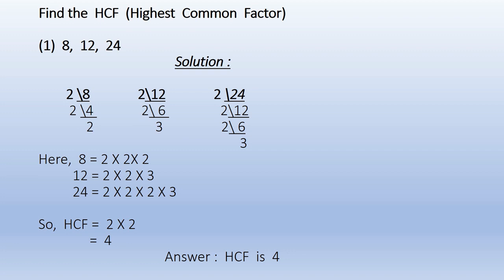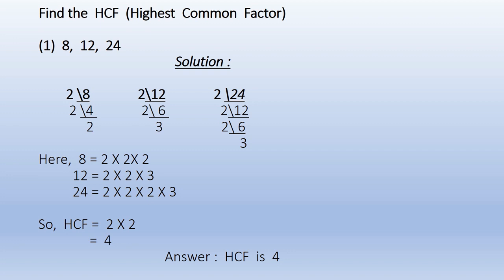Now 12, after dividing by 2, we get 6. After dividing by 2, we get 3. 3 is a prime number. 24, again we divide by 2. After getting 12 and 6, we can divide by 2 because both are even numbers. After finishing the calculation, we get 3. 3 is a prime number.